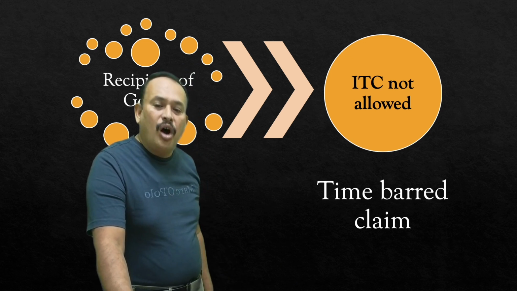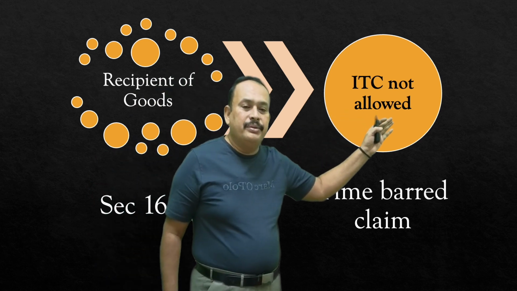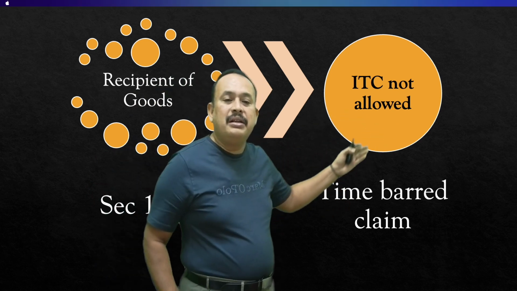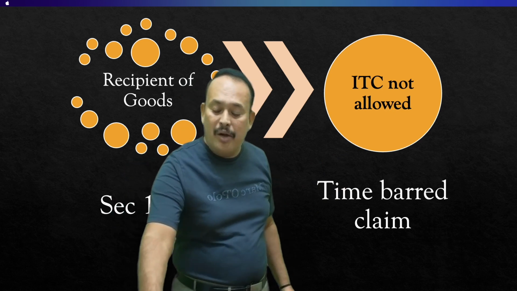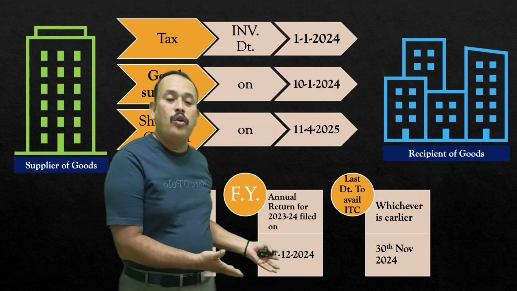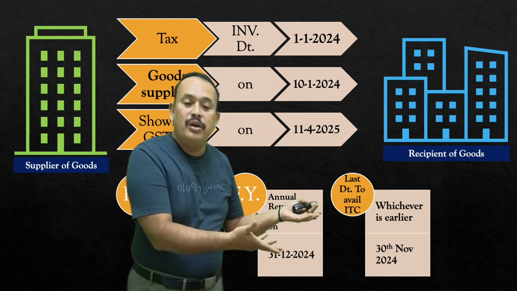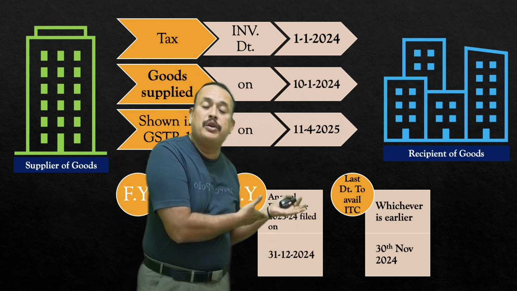Recipient of goods, ITC not allowed. Why not allowed, sir? Because it is a time-barred claim. What is the time limit to avail the ITC by the recipient? In the given example, 30th November 2024 or the annual return filing date of 31st December 2024, whichever is earlier.